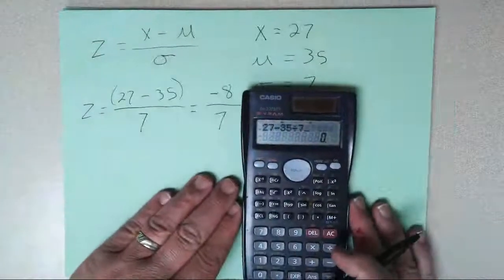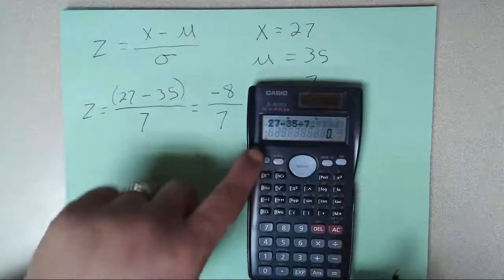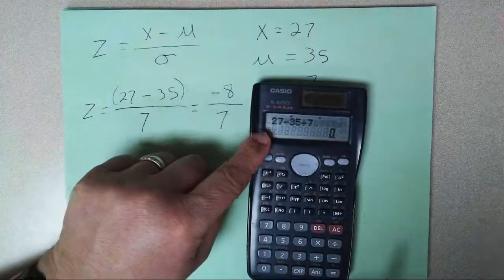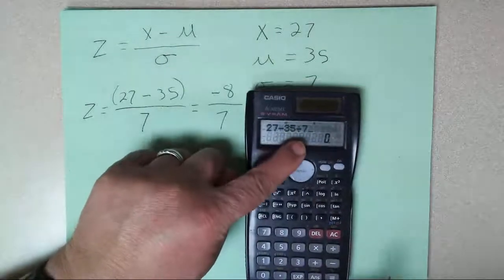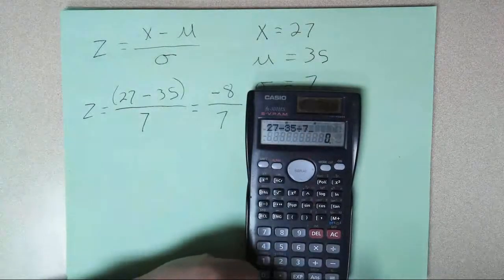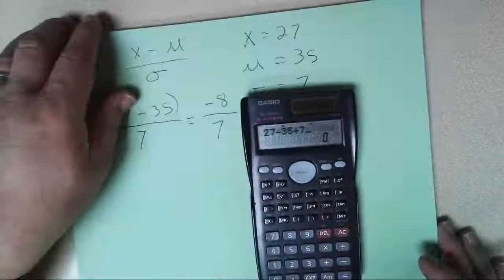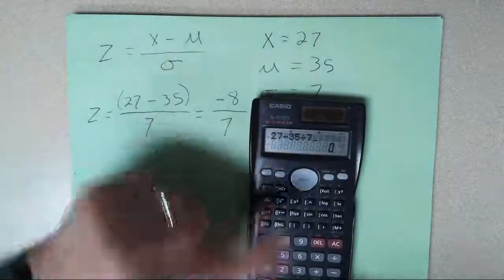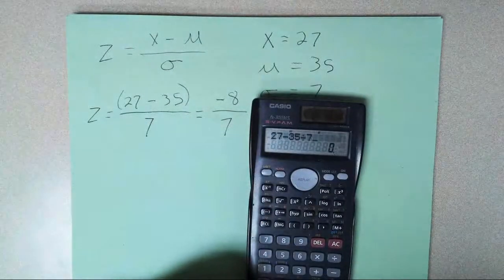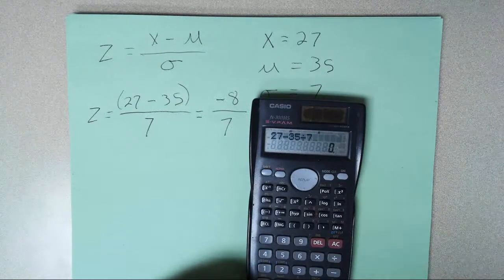Okay, well, if I typed it in like this, 27 minus 35 divided by 7, the calculator, and this is very important, the calculator knows the order of operations. And so the calculator knows to divide before it subtracts.